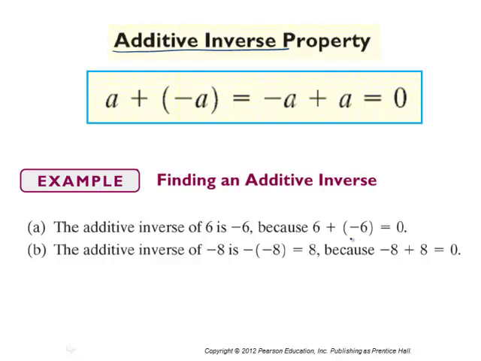It's going to be that number that when you add a number together with its inverse, you're going to get 0. You're going to get the identity. And the additive inverse of negative 8 is going to be positive 8 because negative 8 plus 8 is 0. Okay. The additive inverse is nothing more than just the negative of a number.